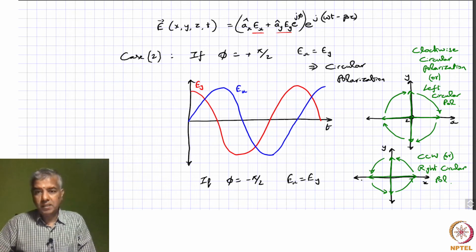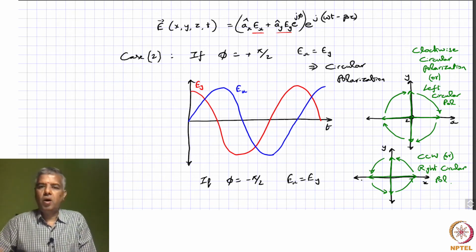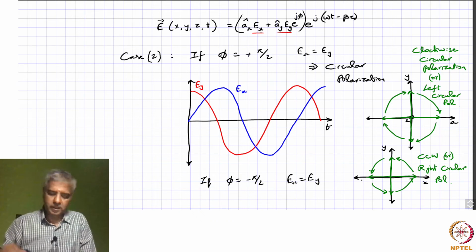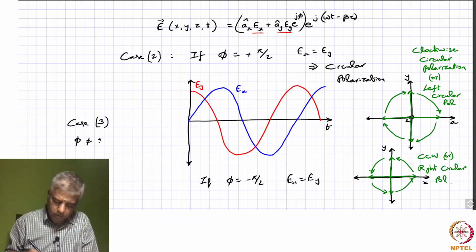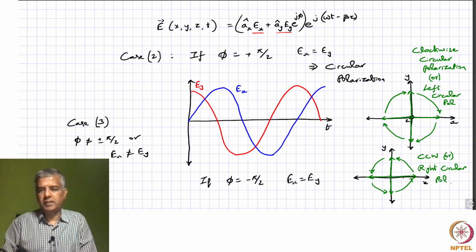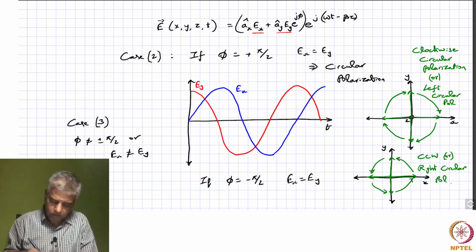Now, if Ex is not equal to Ey, or if phi is not equal to plus or minus pi by 2, in any of those generic cases, say case 3, you would find that this is actually defining an ellipse. So this is what you would call elliptical polarization.